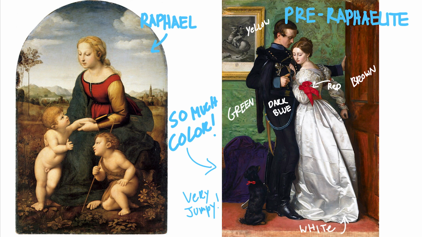I would actually categorize the color palette as the difference between the two art styles and art movements. So what happened here is that, as you can see, the Pre-Raphaelite artists have a tendency to have a bigger and larger variety of different colors in their paintings and compositions.